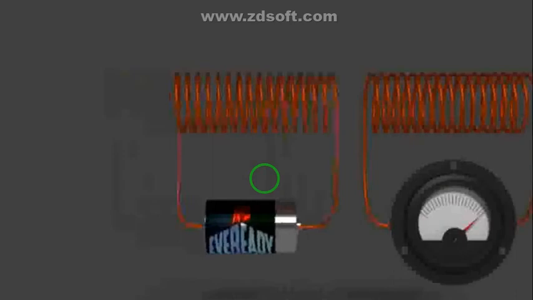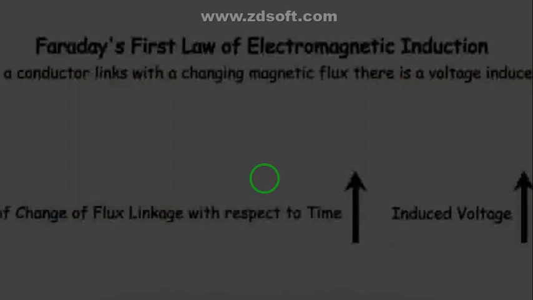From this we can conclude that when the relative motion between the magnetic flux and the conductor increases, the induced voltage across the conductor also increases.